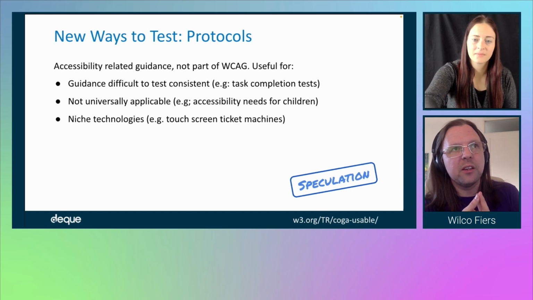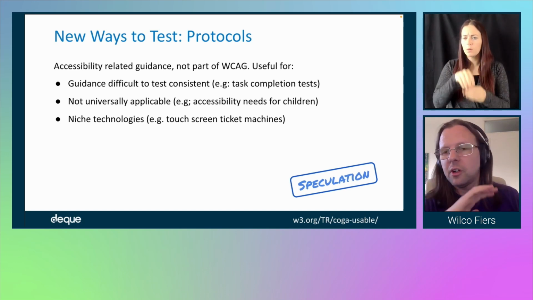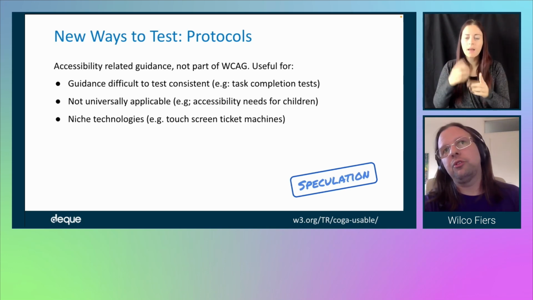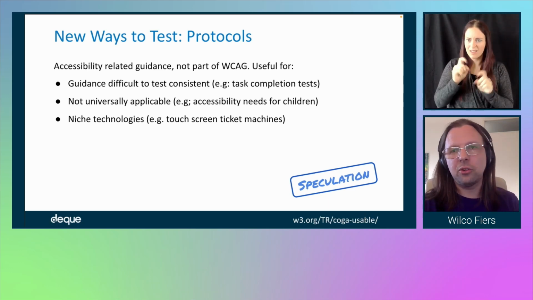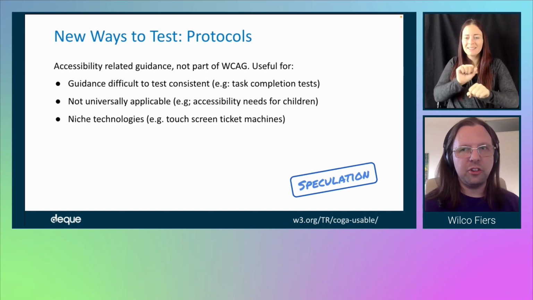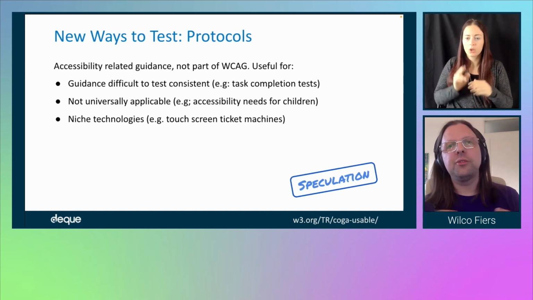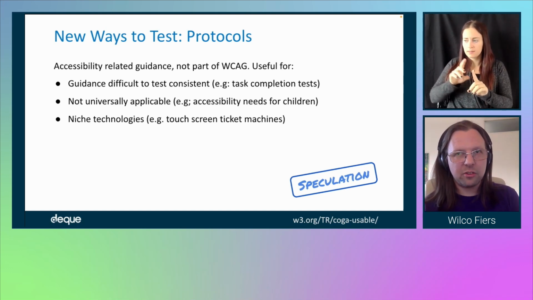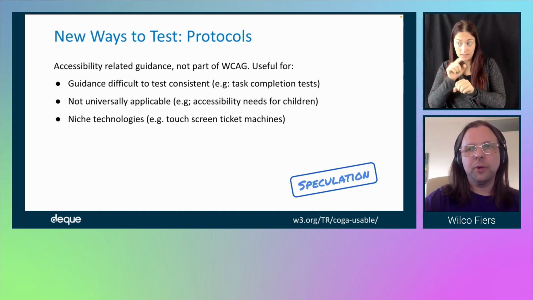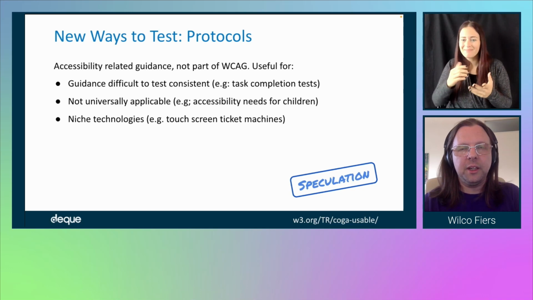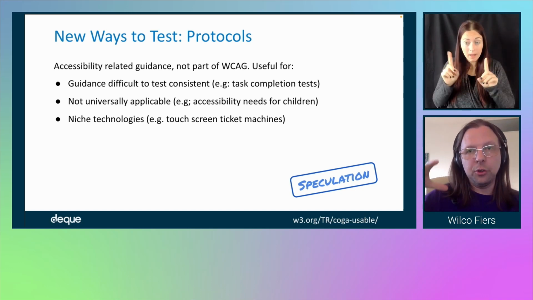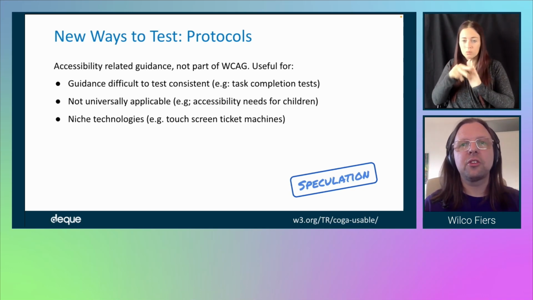For example, guidance might be used to include things that are difficult to test consistently, such as task completion tests, set to users to see if they can complete a particular task. That's a thing WCAG might never be able to incorporate, but we can include protocols externally, and you can report that you've done this kind of testing.